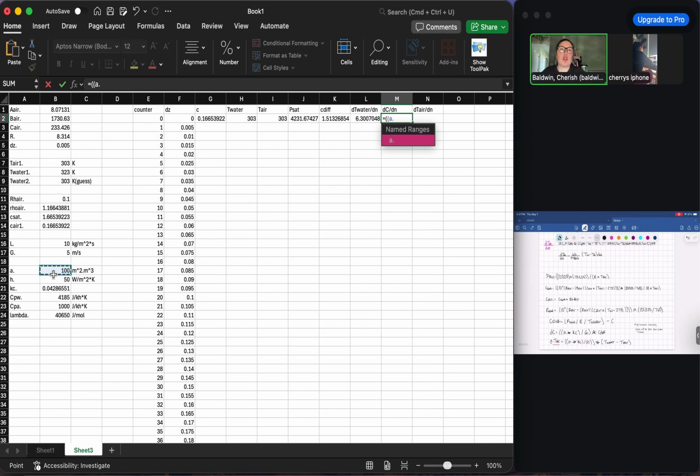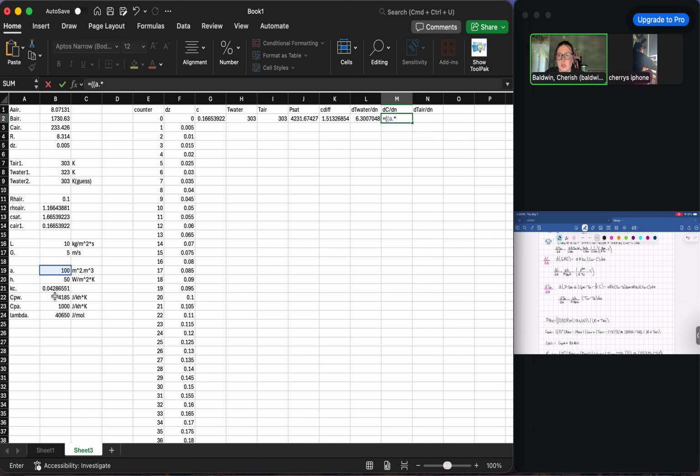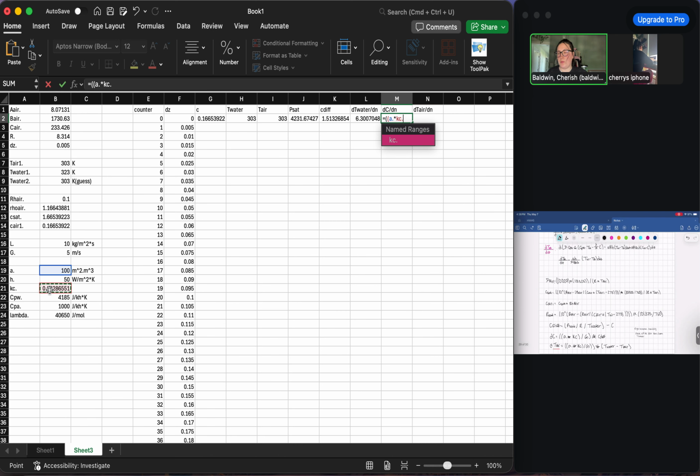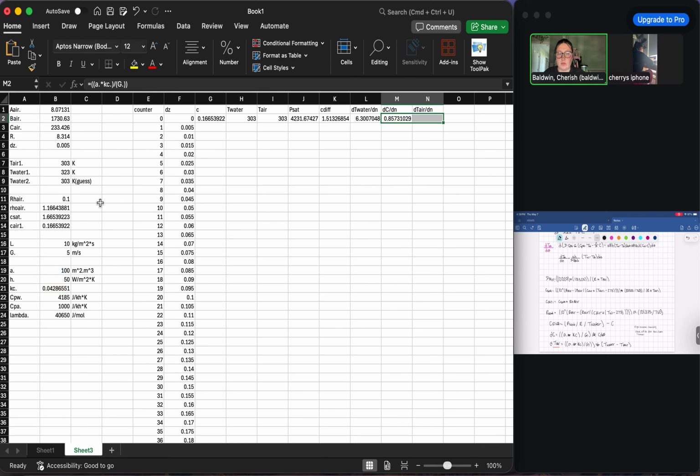Oh, and we're also going to do these for simplicity through our mass transfer coefficient instead of typing out the whole long equation. Makes it way simpler. So it's going to be our packing area times our mass transfer coefficient divided by our flow rate of our air times our concentration difference.